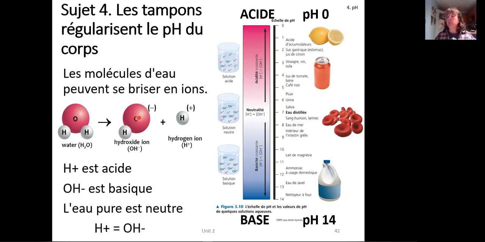If we have an equal number of hydroxide ions and hydrogen ions, we have a neutral solution. So water is neutral. Human blood is neutral, and saliva. And here's the range of some common things from being acidic to basic.